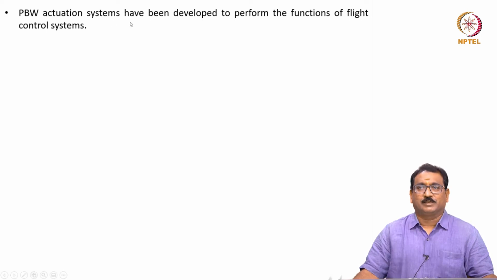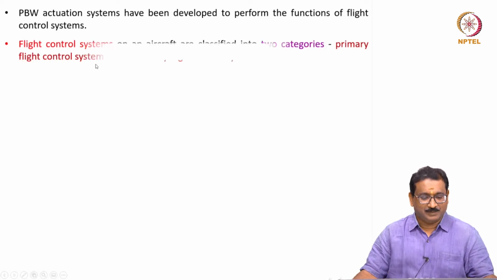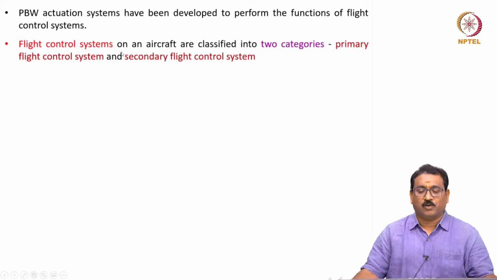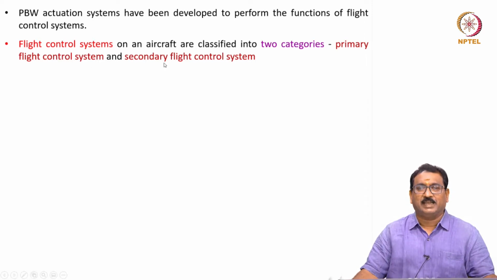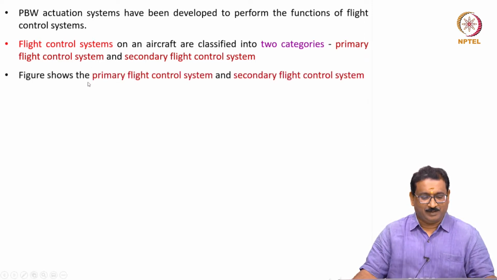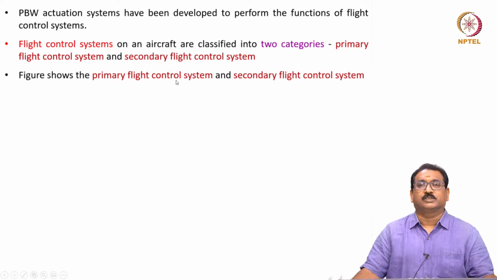PBW actuation systems have been developed to perform the functions of flight control systems. Flight control systems on an aircraft are classified into two categories: primary flight control system and secondary flight control system. The figure shows the primary and secondary flight control systems.